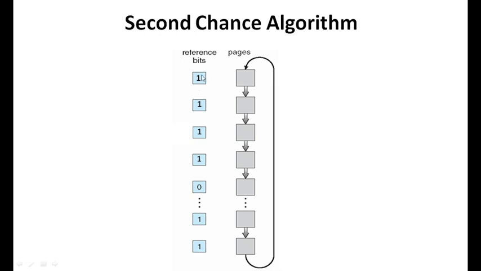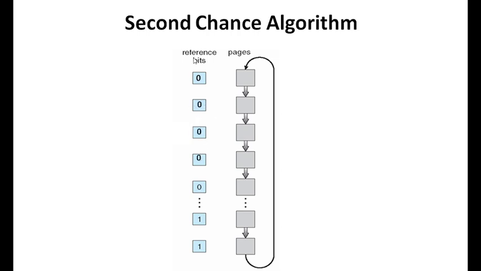If it is 0, you just straight away remove that page and bring the new page into that space. If not, you give it a second chance by resetting the 1 to 0, and you proceed to the next page. The next page may or may not have 0, and if it is also not 0, then you reset it to 0 and give a second chance.